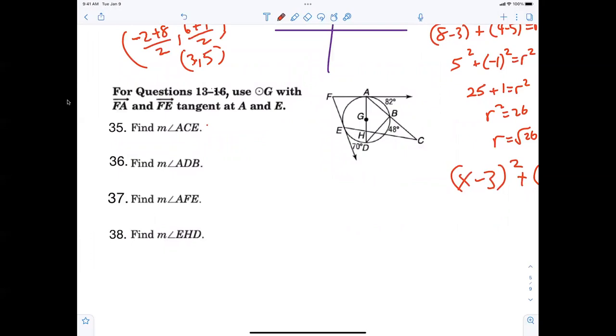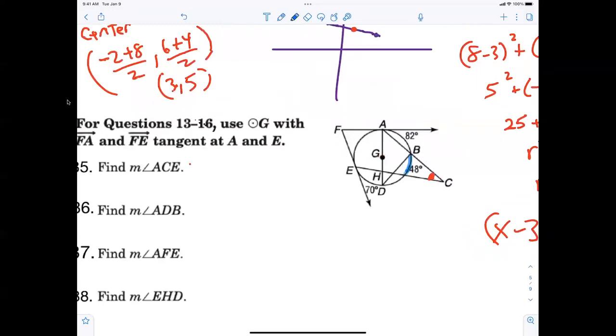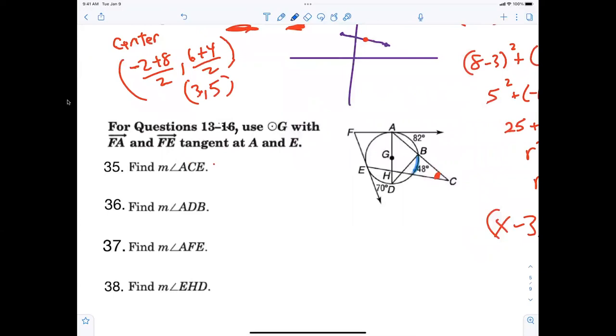Let's try to find angle ACE. Trying to find that angle right there. I have one arc here. I have one arc here.